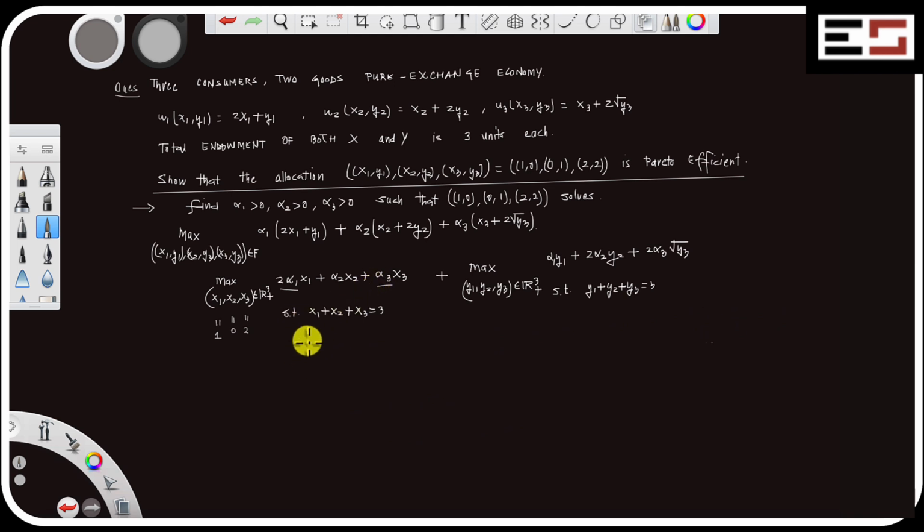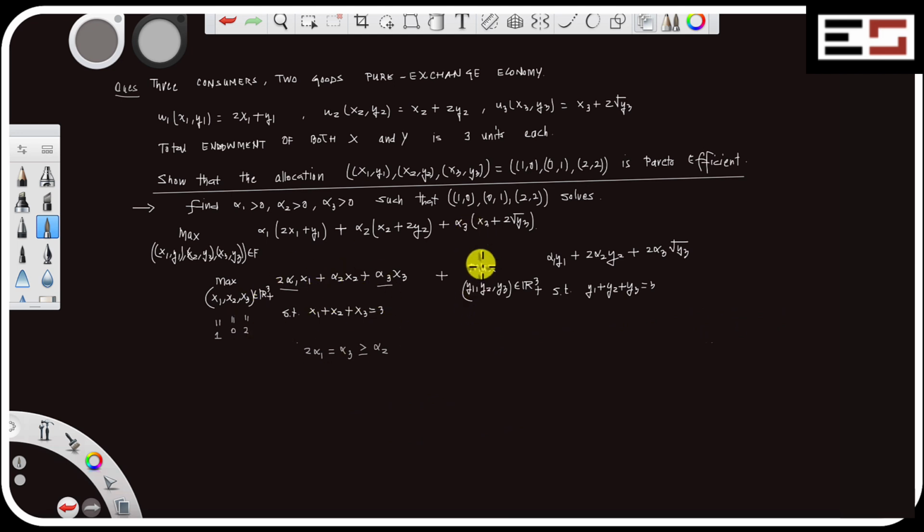So basically, for this to be the solution, it must be the case that 2 alpha 1 must be equal to alpha 3, which must be greater than or equal to alpha 2. Okay, so this is the first requirement if you just look at this particular problem.